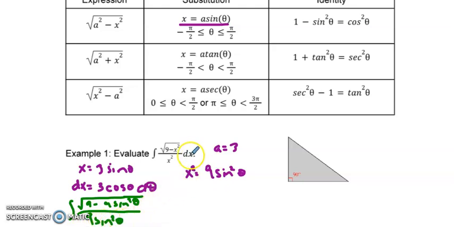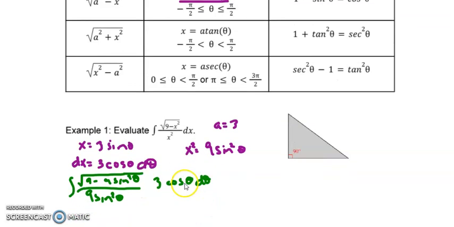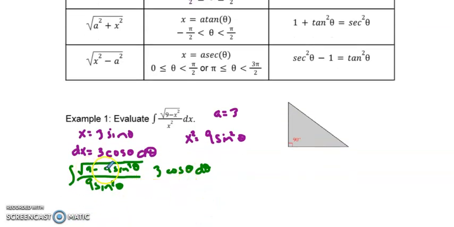And then I have to sub in for dx, and my dx was 3 cosine theta d theta. And then I've got a lot of simplification to do. I could take the 9 out of the radical, and when I take the 9 out of the radical, it square roots to 3, and then underneath the radical, I'm going to be left with 1 minus sine squared theta.